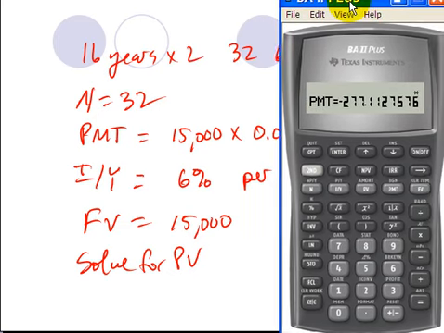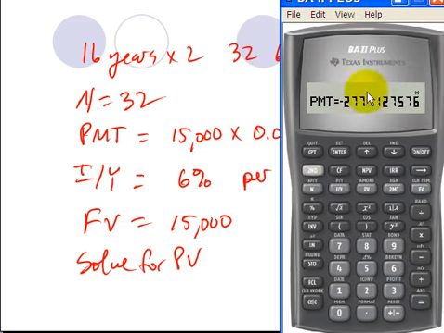I guess that's good enough for you to see. All right, so we have 32 for N. The payment is $15,000 times 0.07. So the payment is $1,050, and that will be PMT.